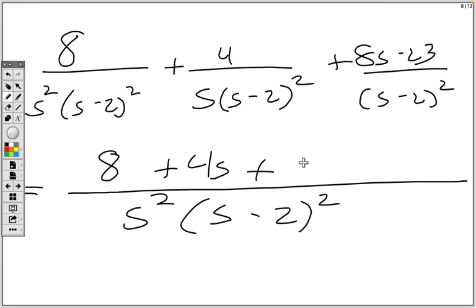Yeah, the s squared. Oops, 8s cubed minus 23s squared. So let's look at partial fraction decomposing this.